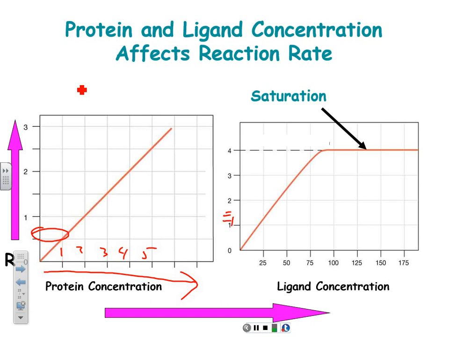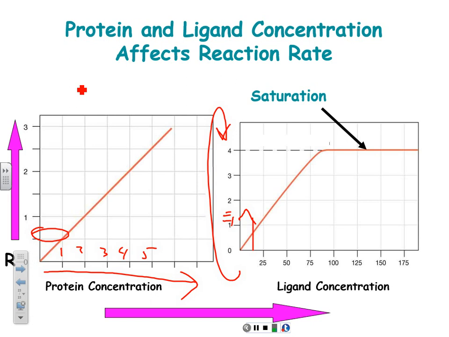As you increase the ligand concentration, the rate increases until you reach the maximum number of proteins. When you reach the maximum number of proteins, the enzymes are said to be saturated. Right? The enzymes are said to be saturated.